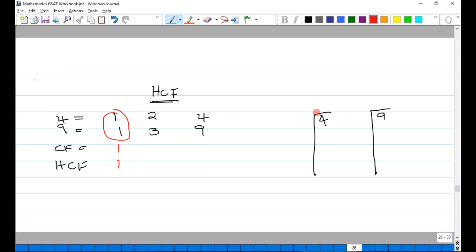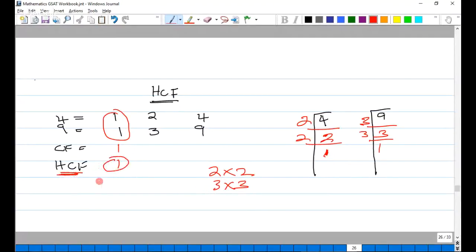If we were to use 2, 2 into 4, 2 times. 2 into 2, 1. 3 into 3, 1. 3 into 9, 3 times. 3 into 3, 1. So 2 times 2 and 3 times 3, there's nothing common. Now 1 is really not the highest common factor.